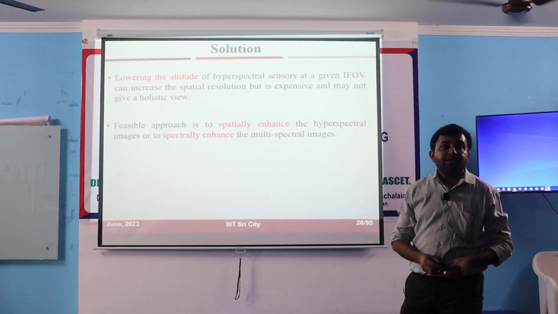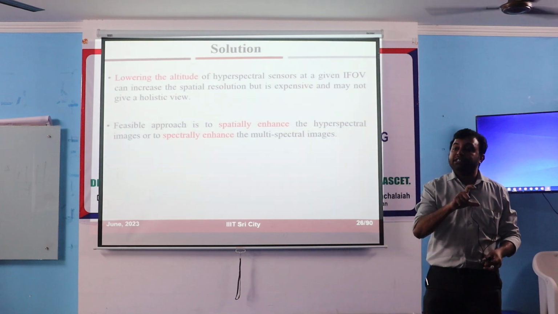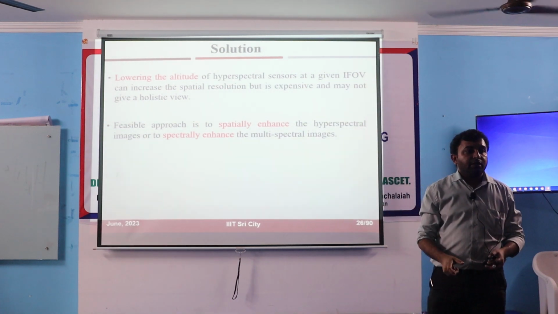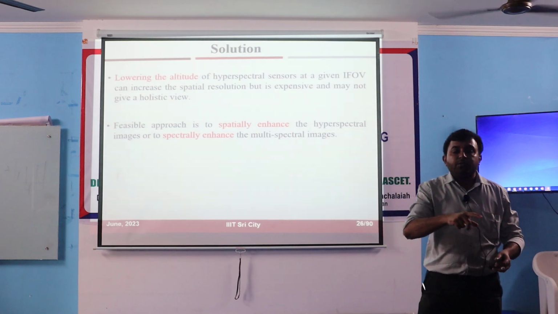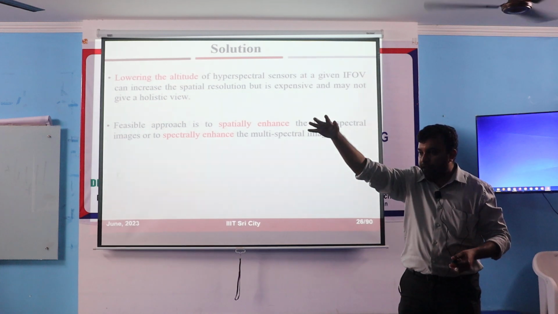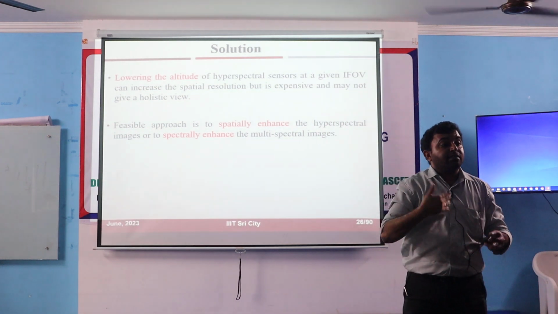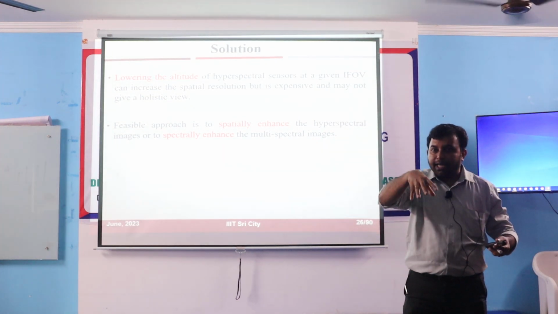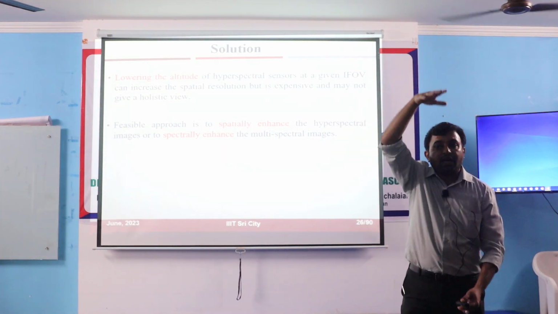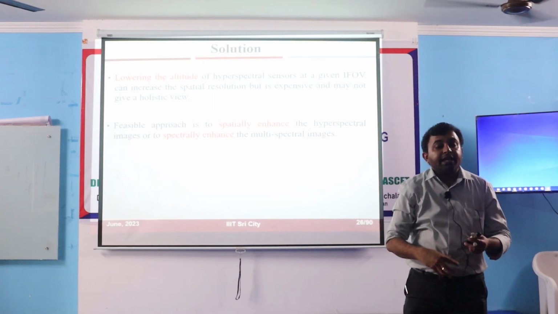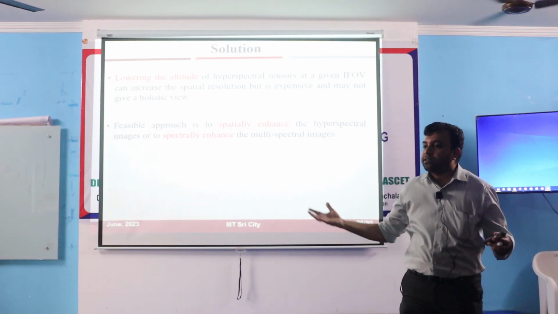Now my problem is that I cannot have both high spatial resolution and high spectral resolution images. So either I have to take a hyperspectral image, which has high spectral resolution, an image having many bands, maybe 400 bands, 300 bands, and I have to improve its spatial resolution.